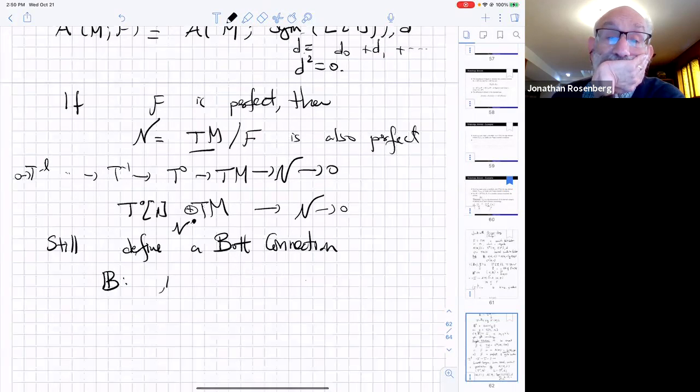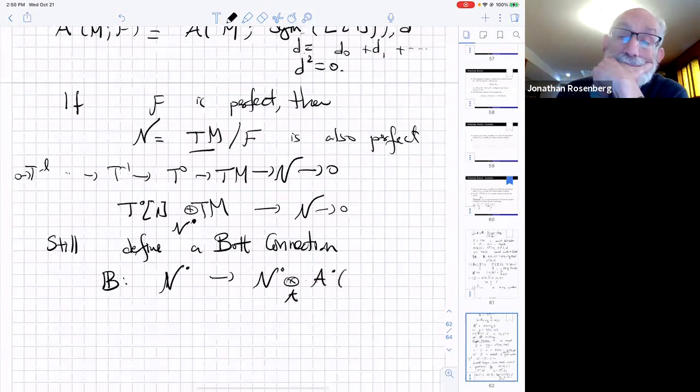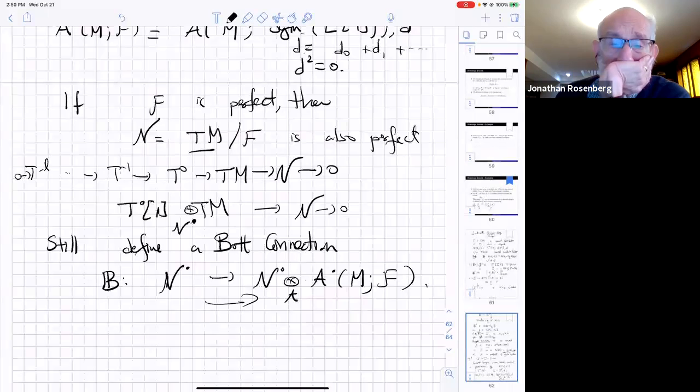So there actually exists a Bott connection mapping N dot to N dot tensor over A with A dot of M comma f. It really requires that you have all these higher structures on it, as well as the higher elements of the differential. But the upshot is that you actually have a globally defined connection.